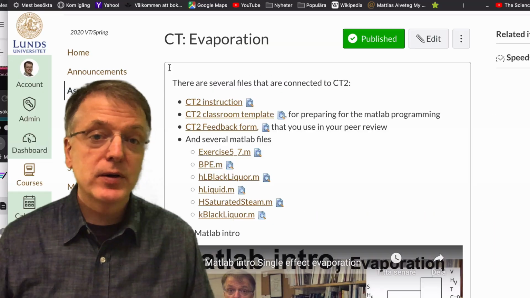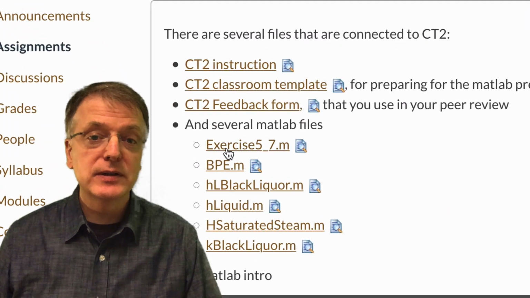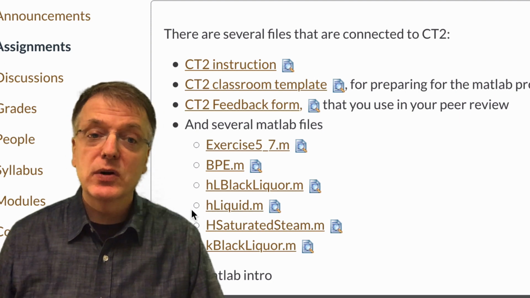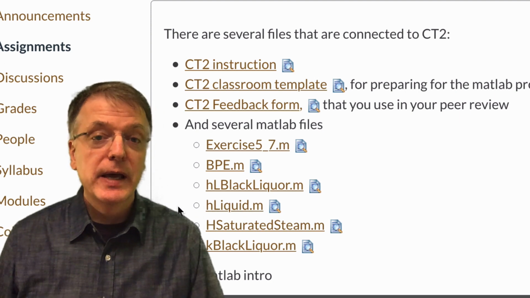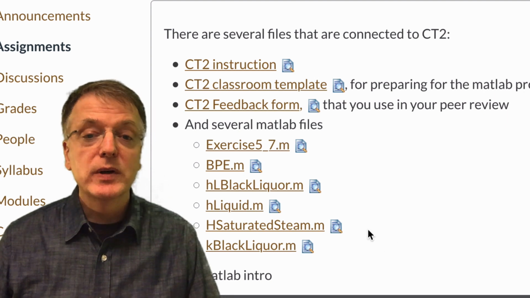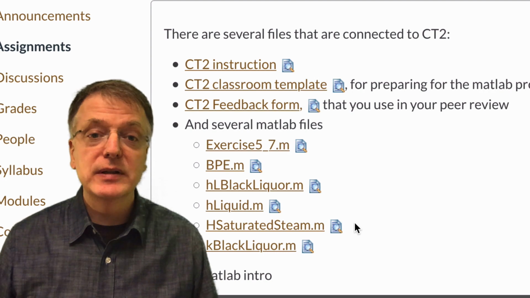And to solve it by a computer, you need this file exercise 5.7, but you also need the file hliquid, which calculates the enthalpy of the liquid in exercise 5.7, and you need H-saturated steam, which calculates the enthalpy of saturated steam.